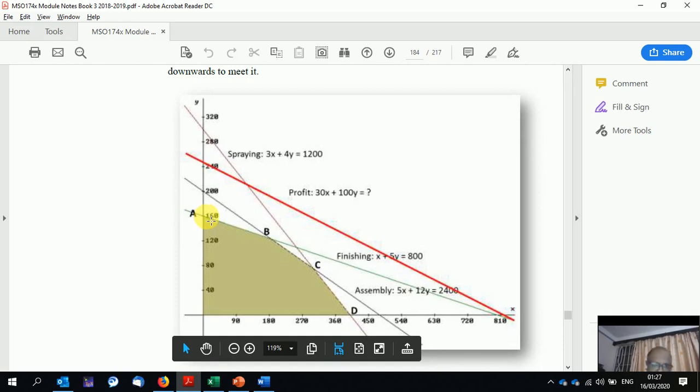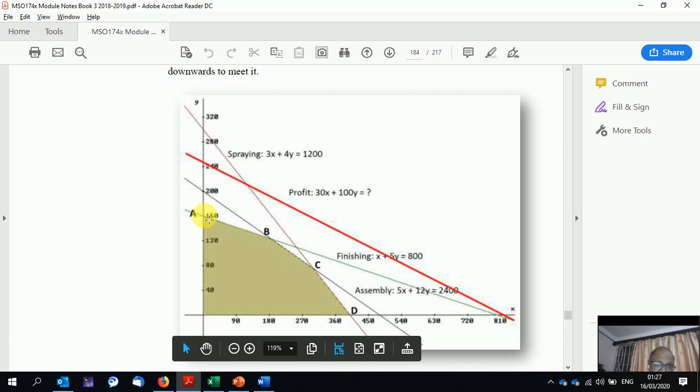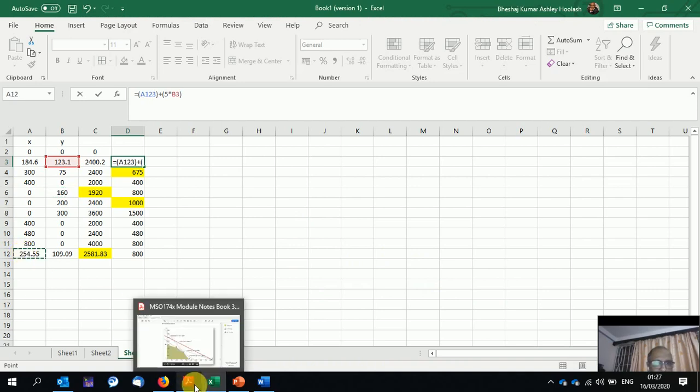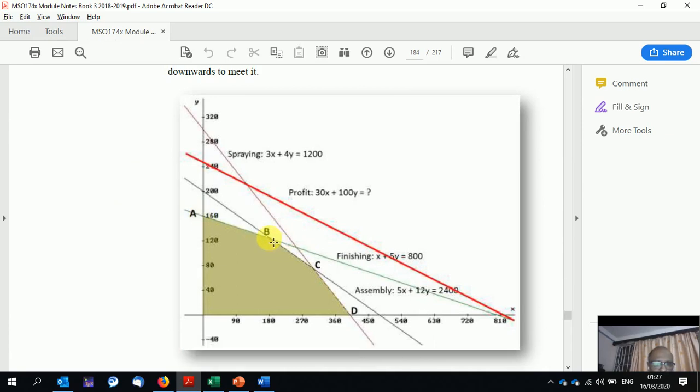It will hit either here, where it stops being optimal, between the gradient of this line and that line. So this will be the point, and here, and here. The moment I start moving the 2400 value up and down, it will touch here and here.